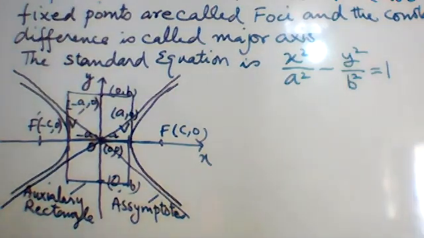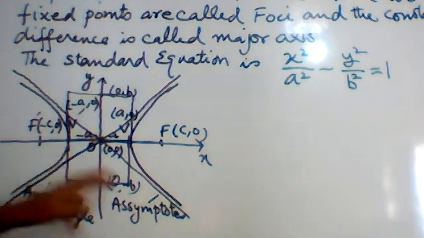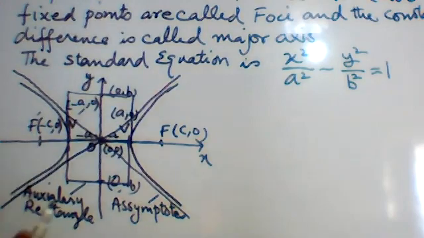These two lines are called asymptotes. So there are two foci, two vertices, and two asymptotes in the hyperbola.